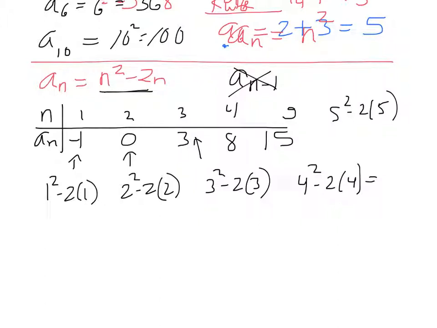What I think is going to be the hardest thing for you guys to do is to write explicit rules. So say we've got this sequence, 7, 5, 3, 1, negative 1.